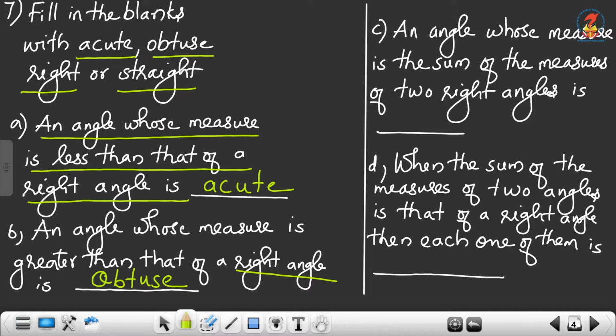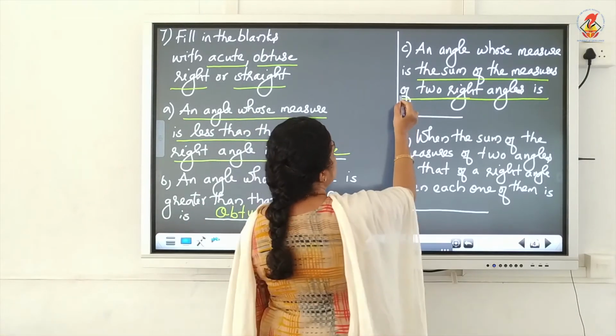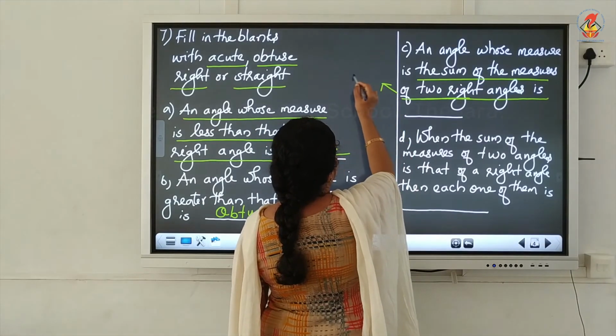An angle whose measure is the sum of the measures of two right angles. We have two right angles and we have to find out the sum. One right angle is how much? 90 degree.